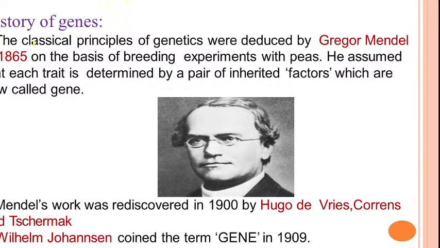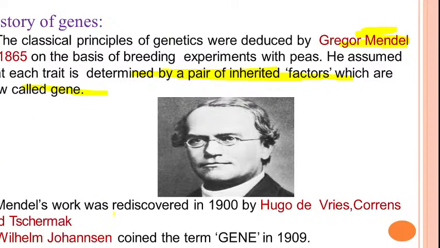So this is the history of genes. The classical principle of genetics was discovered by Mendel in 1865 on the basis of breeding experiments with peas. He assumed that each trait is determined by a pair of inherited factors, or you can say characters, which are now called genes. Mendel was not appreciated at that time.